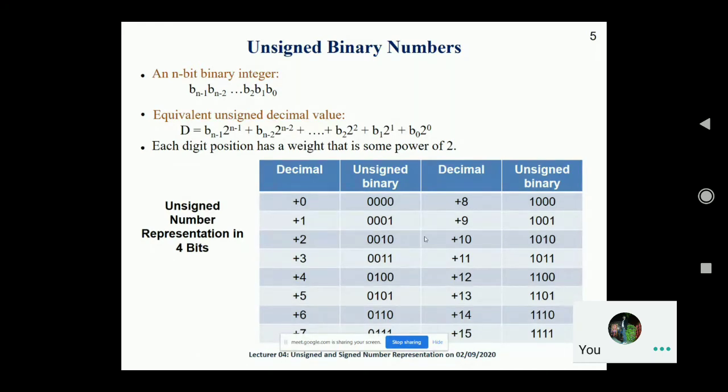After that, plus 15 is 1, 1, 1, 1, because here n equals 4, so the combination of bits is 4. This is the normal procedure, and we have to follow it. This is called unsigned.